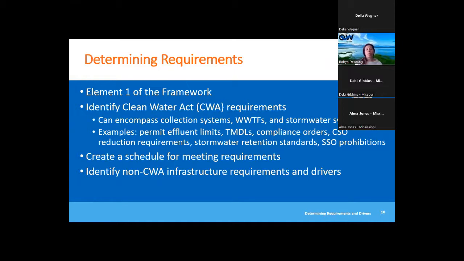So the first thing for an integrated plan is that you're going to need to identify what those Clean Water Act requirements are. And hopefully you are aware of the permit effluent limits you have. Maybe you have waste load allocations from your total maximum daily loads. There might be compliance orders or consent decrees. Maybe you have some combined sewer overflow reduction requirements or retention standards.